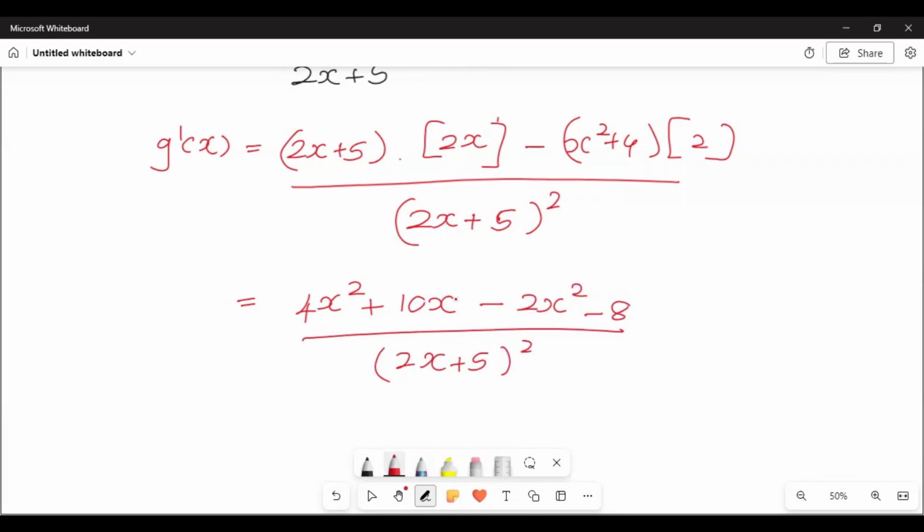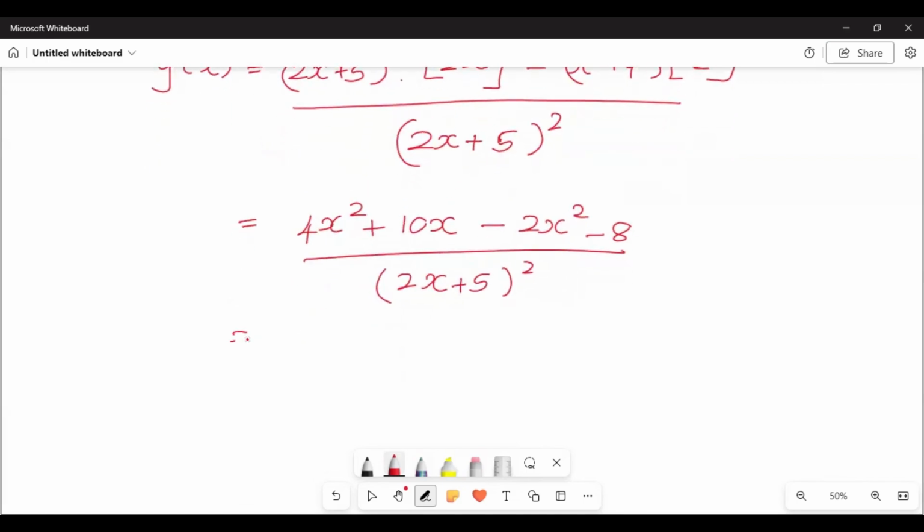So it's going to be 2 times x to the power of 2 plus 10x minus 8, over 2x plus 5 to the power of 2.